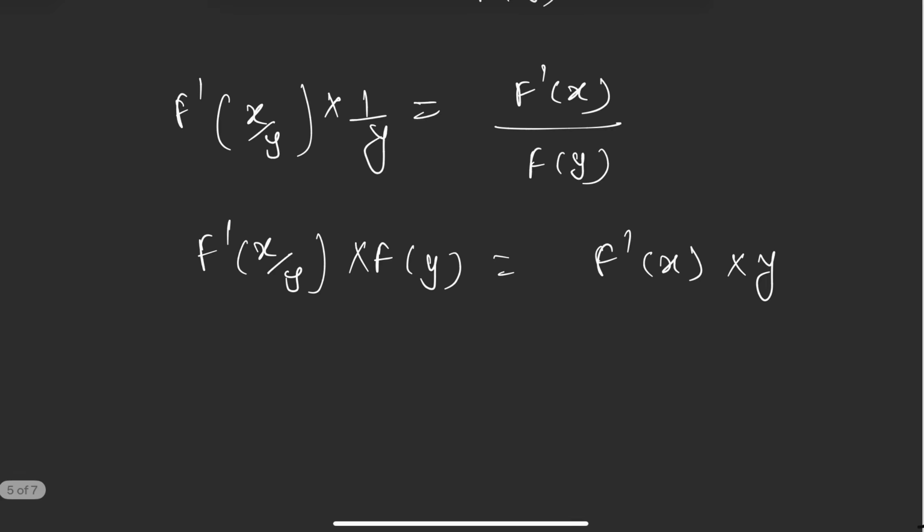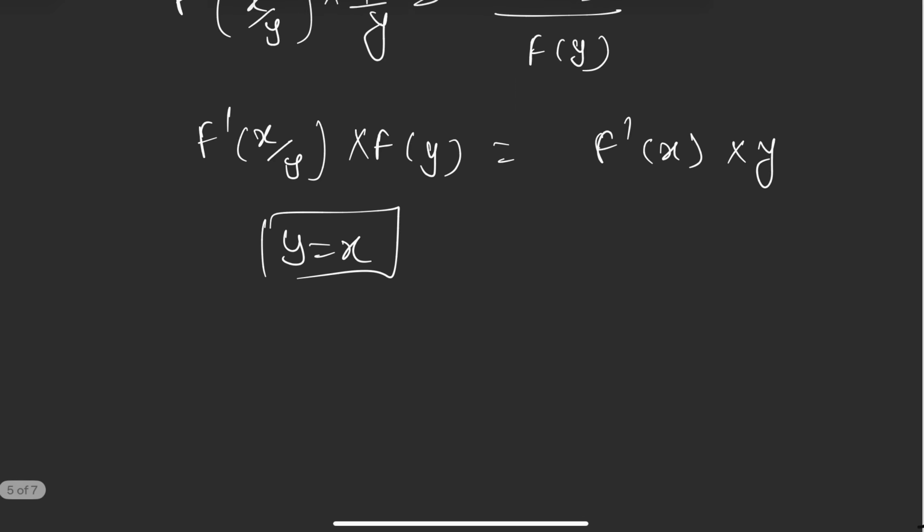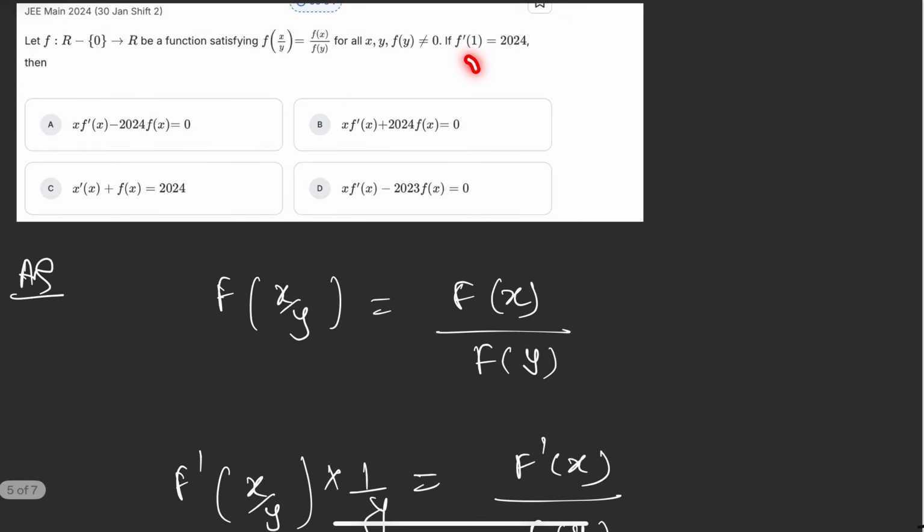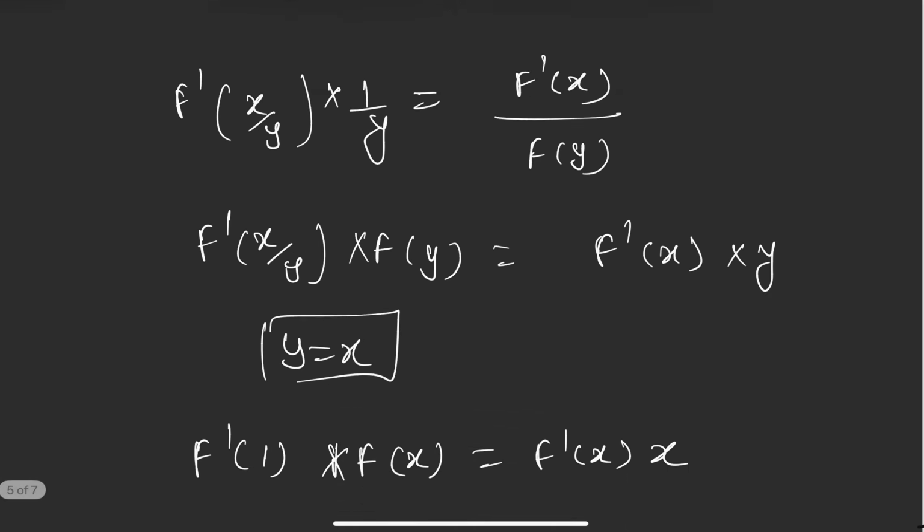Now what I'm doing, I'm keeping y equals to x. If I'm keeping y equals to x, here this will be f dash 1 into f of x equals f dash x, and here y is x. f dash 1 is actually given in the question. f dash 1 is 2024.